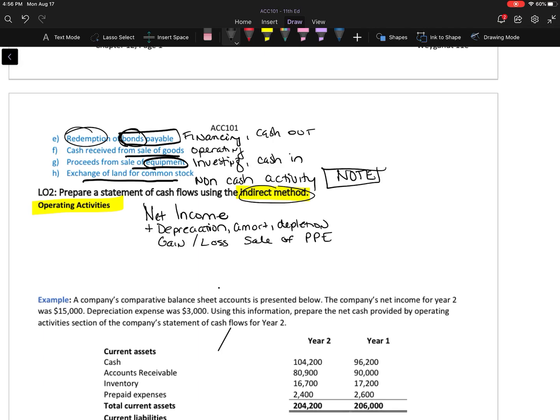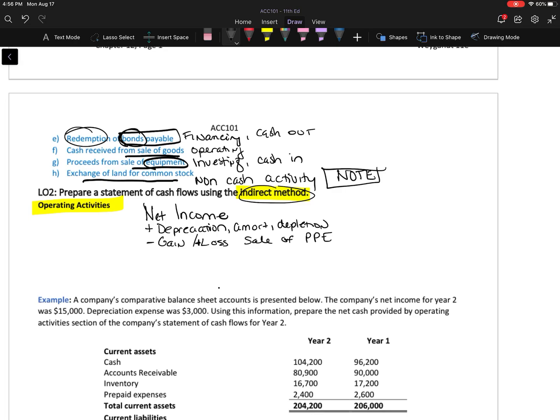Then you would look at gains and losses from a sale of our property, plant, and equipment. If you have a gain, you're going to take that out, and a loss, you're going to add that back. And the reason is that those are non-cash items too.